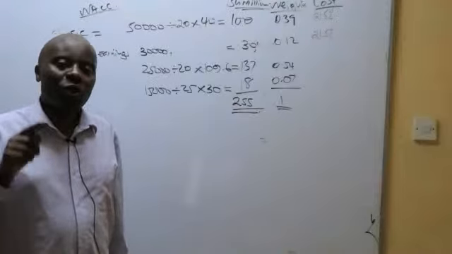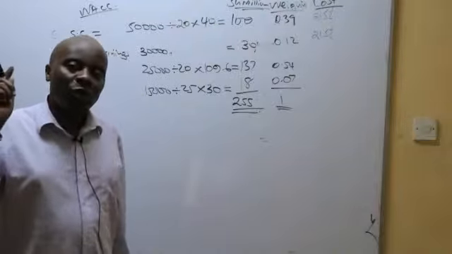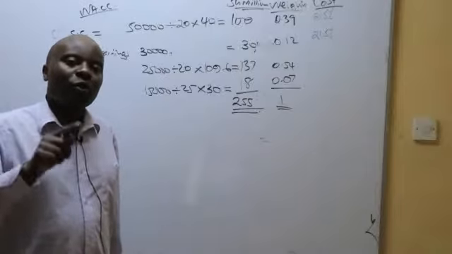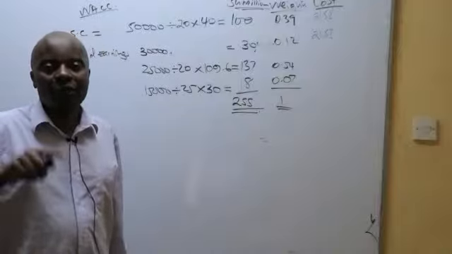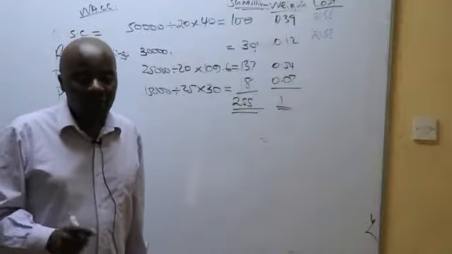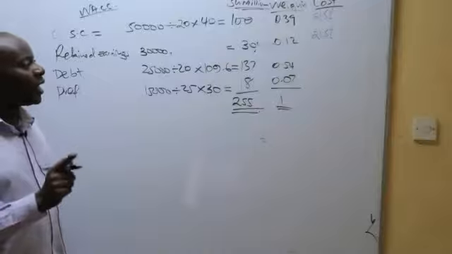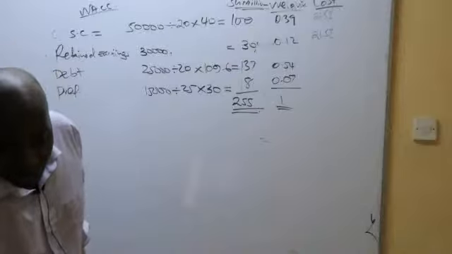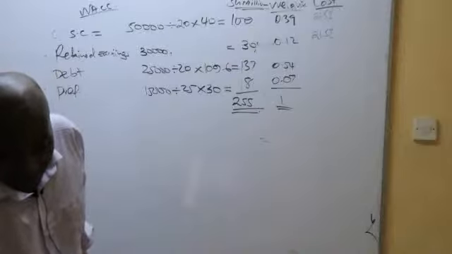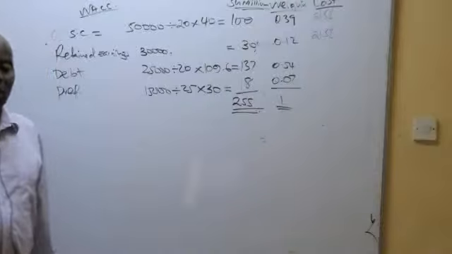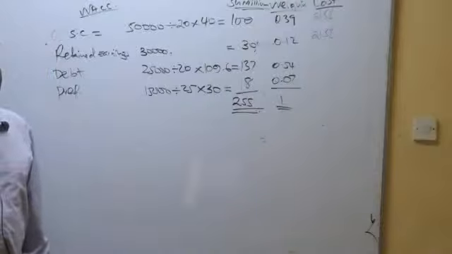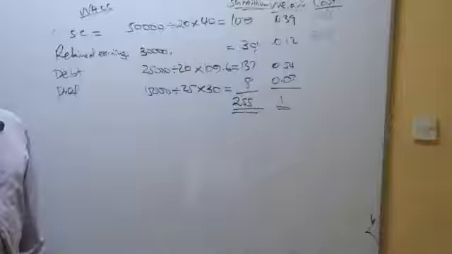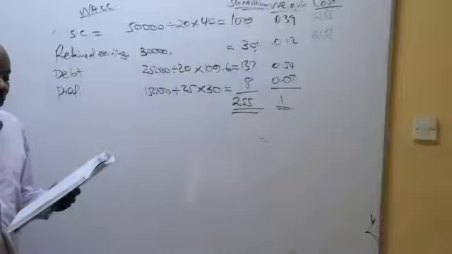If flotation cost was there, then the cost of equity ordinary shares would have been different from the cost of retained earnings, because ordinary shares would have taken the flotation into consideration. Is that okay?